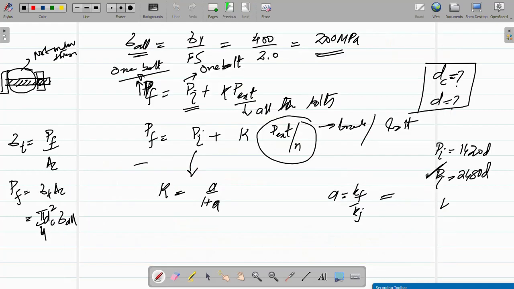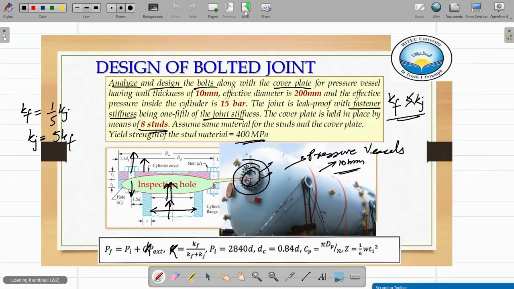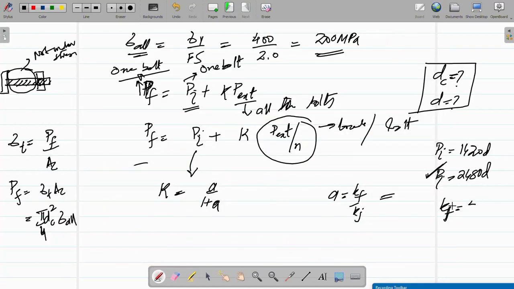So Kj equals 5 Kf. If you find out this value, Kf over 5 Kf, this will become 1 over 5, and that is equal to 0.2.